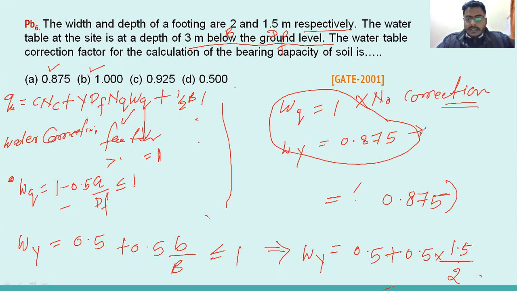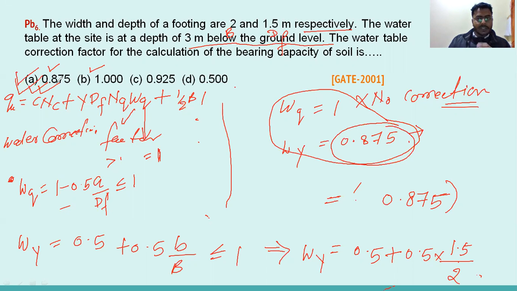In the second case, you need some correction. In this question, it is asking about the water correction factor, so the answer will be 0.875, means option A will be correct. Are you getting my point? WQ is equal to 1 means there is no correction, and we are getting W gamma 0.875, it means there is a correction in the third term.